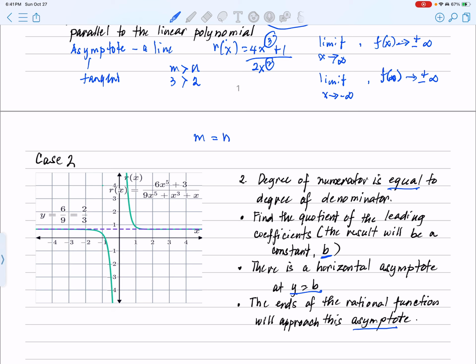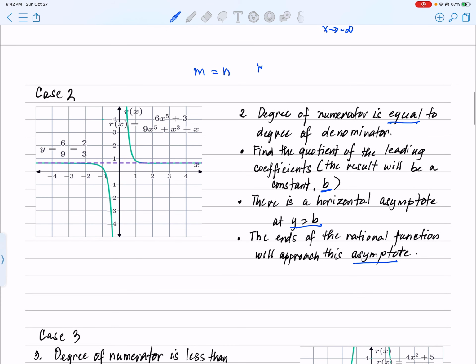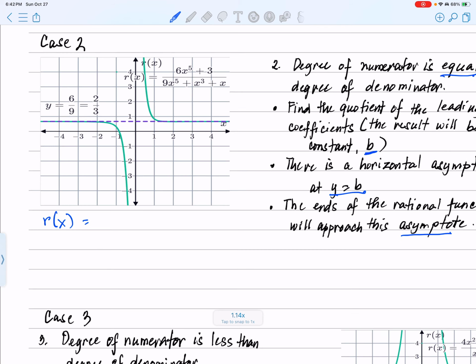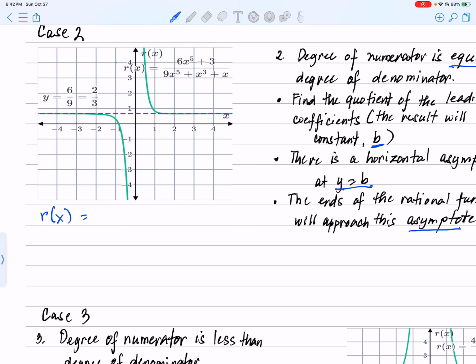So for example, you are given r of x equals 6x to the 5th power plus 3 over 9x to the 5th power plus x cubed minus x.